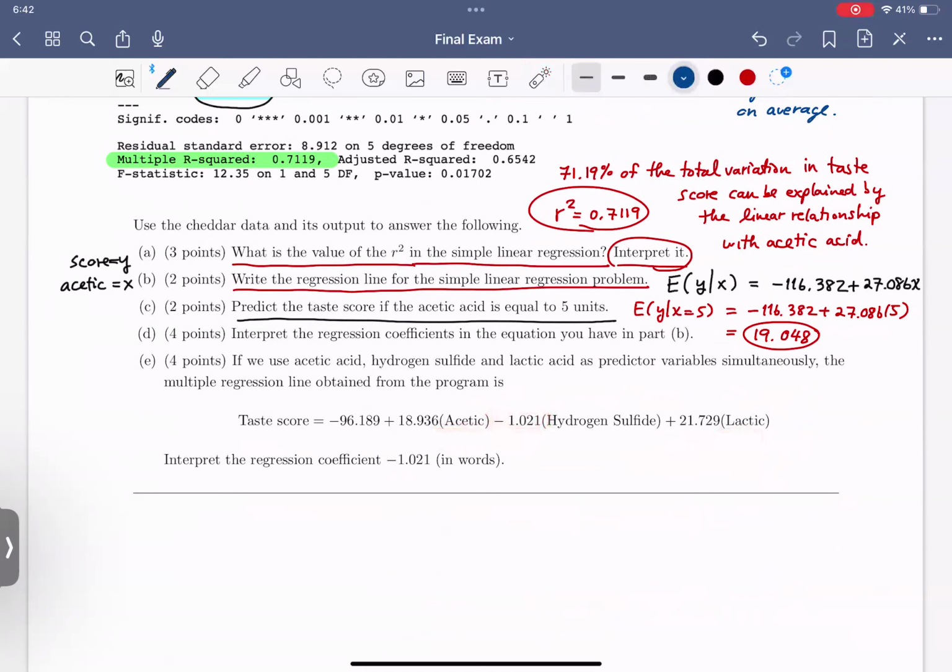So what you're going to do is say that if the hydrogen sulfide content increases by 1 unit, we expect that the Y test score is going to decrease by this unit.